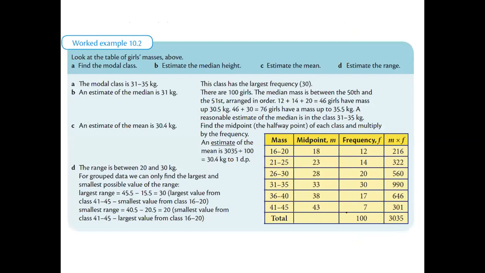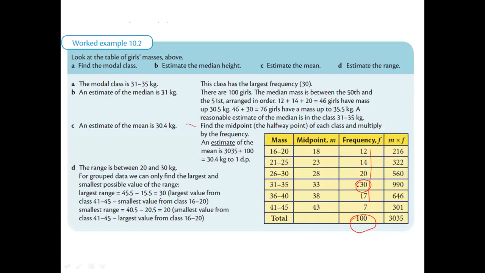So we have some examples. Look at the table of girls' mass above. Find the modal class. What was modal? It's the largest frequency, of course. We have the number of students, totally 100 girls. Which one is the largest frequency?